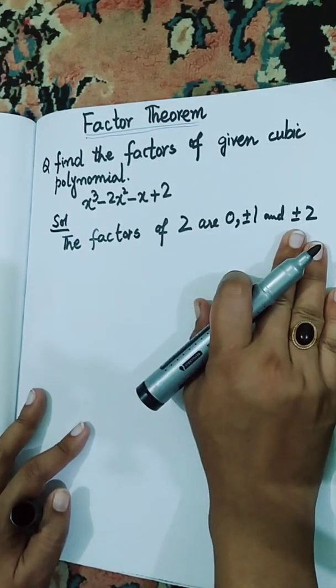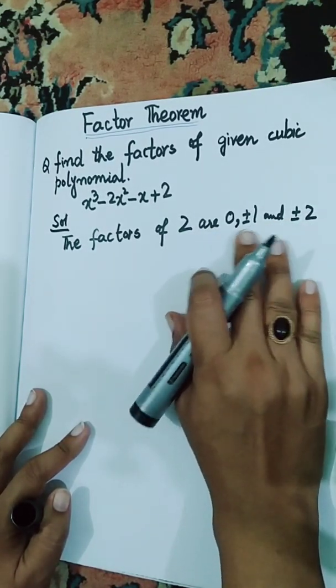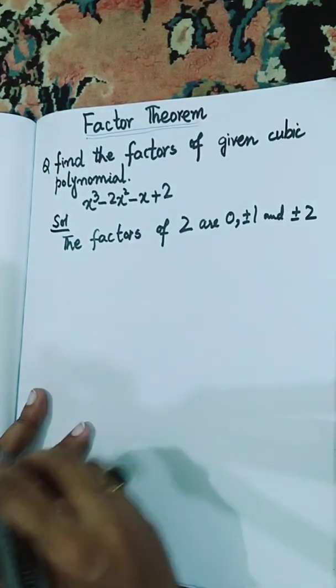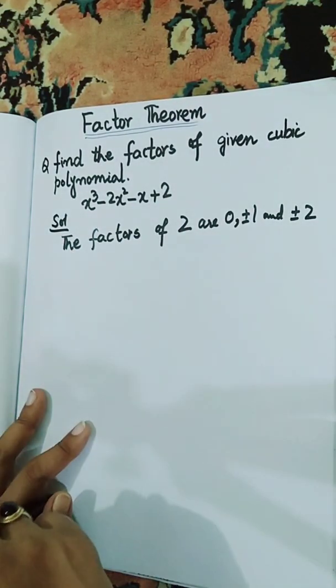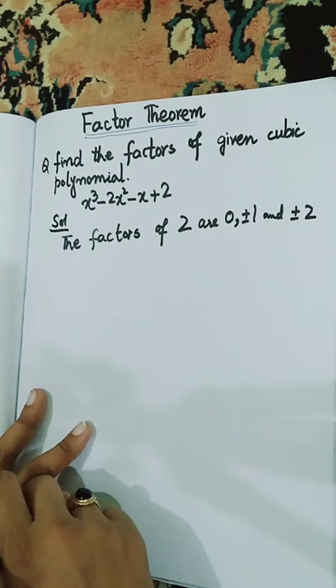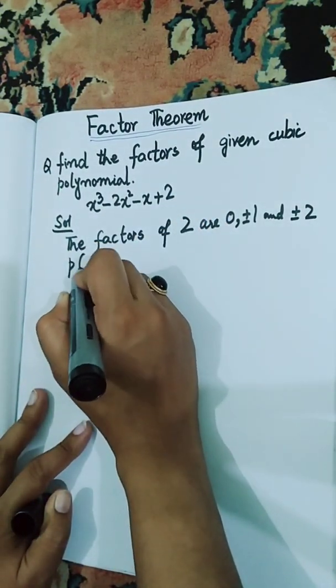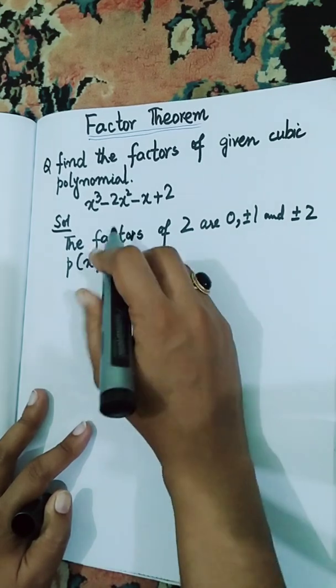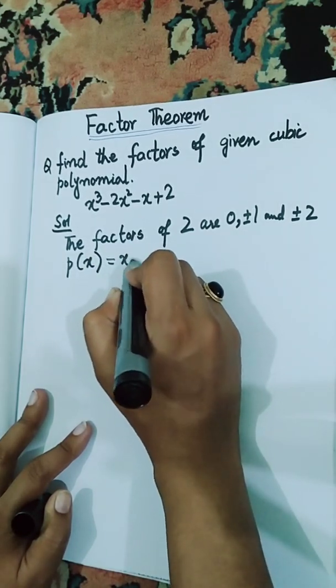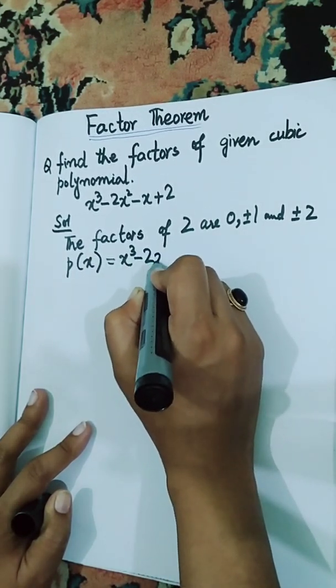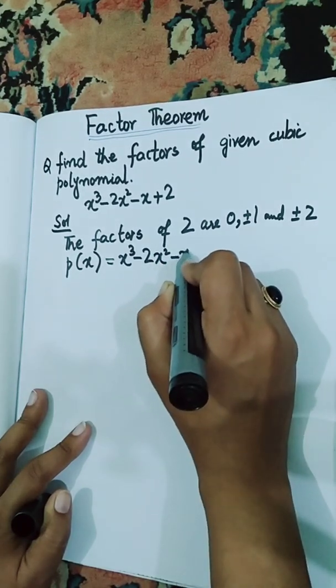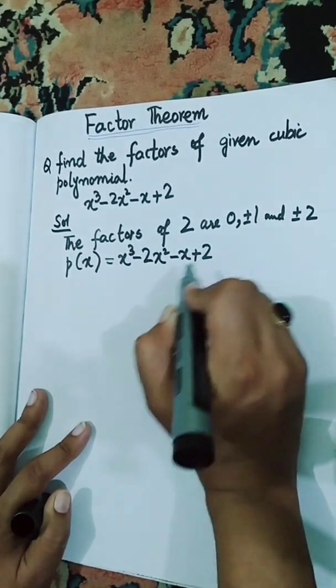Suppose this given expression is a polynomial of x, so I can write p of x is equal to x cube minus 2x square minus x plus 2.